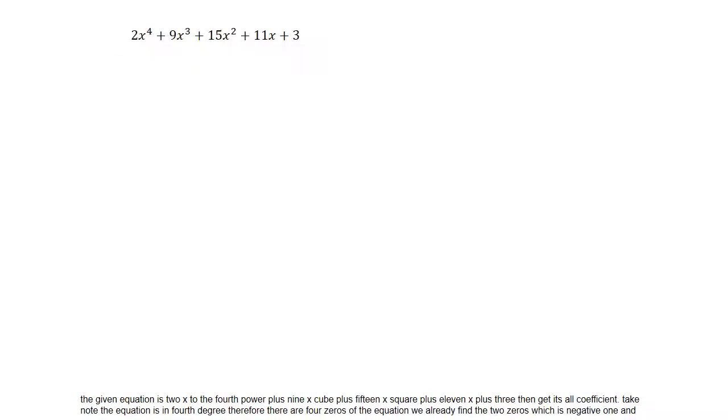The given equation is 2x to the 4th power plus 9x cubed plus 15x squared plus 11x plus 3. Get all its coefficients. Take note, the equation is 4th degree, therefore there are 4 zeros of the equation. We already found 2 zeros, which are negative 1 and negative 3 over 2.